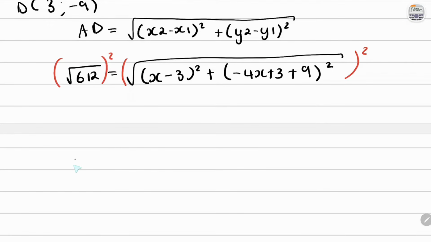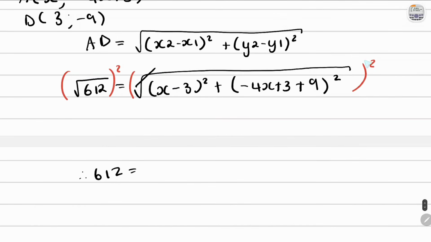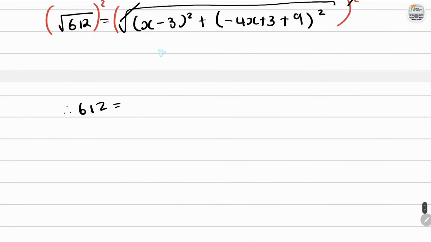And we're going to now have that 612 is equal to, and that breaks open as well. But we can just work on already distributing. So you have x minus 3 all squared. Square the first term, that gives you x squared. Square the last term, that gives you +9.